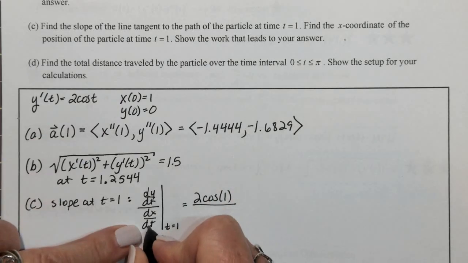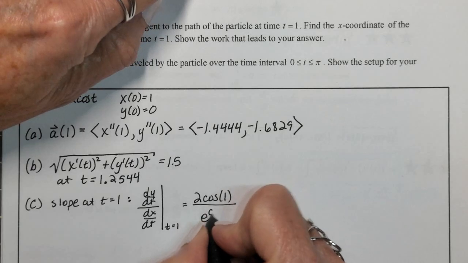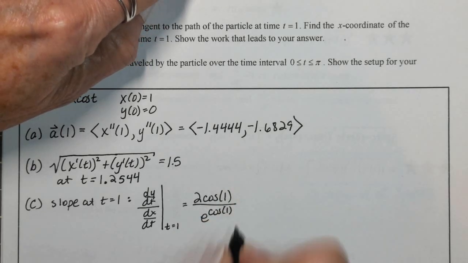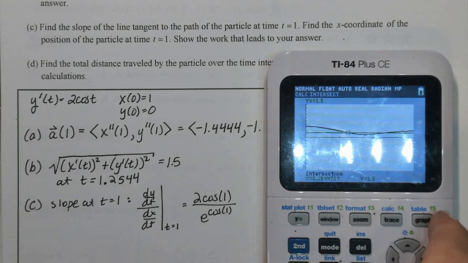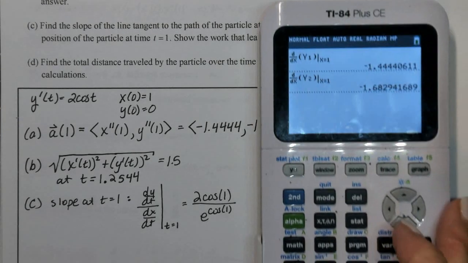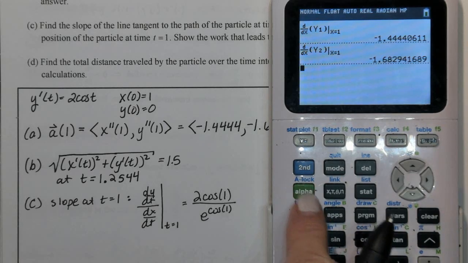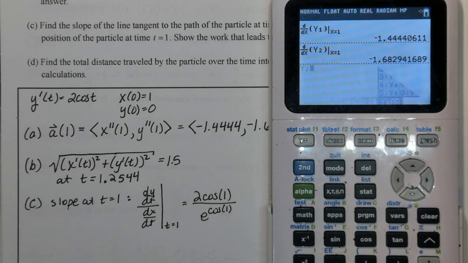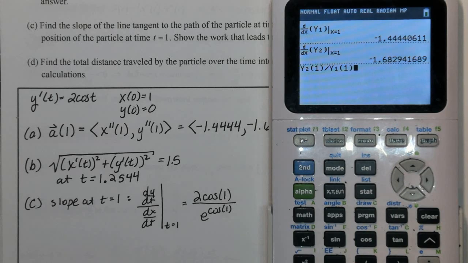over dx dt at time 1. dx dt was what they gave us, e to the cosine of 1. That would be a safe stop spot. Okay, if you really want to, you can put that into your calculator. If I really wanted to do this in my calculator, I could do y2 at time 1 divided by y1 at time 1.